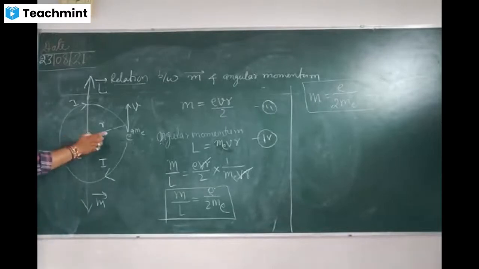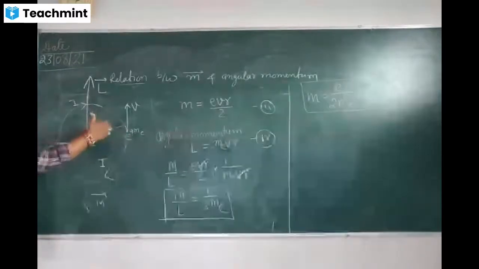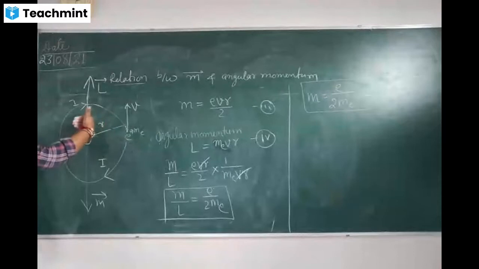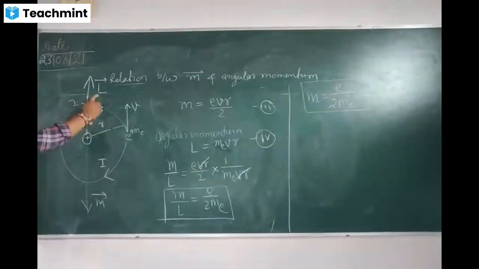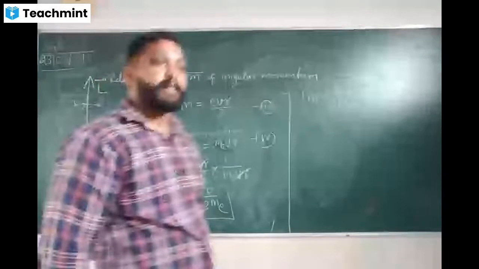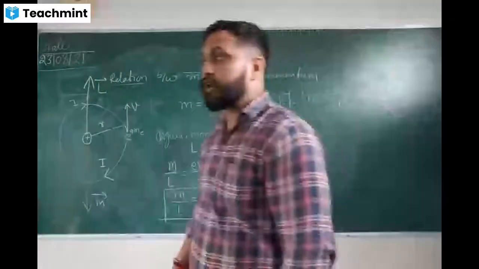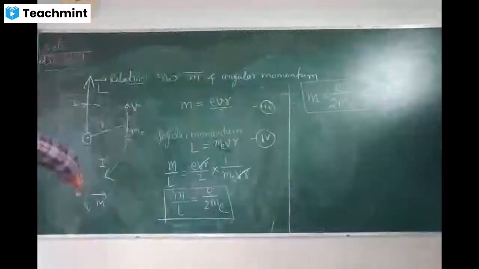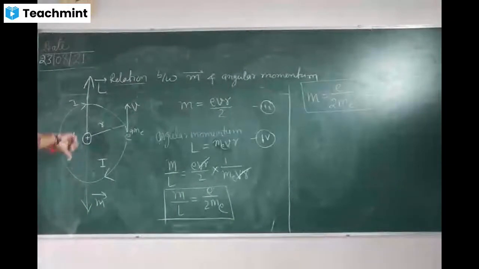For angular momentum, the electron of mass m is moving anti-clockwise, so the thumb shows the direction of angular momentum. But for the magnetic dipole moment, the curved fingers tell you the direction of current, and the thumb tells you the direction of the magnetic moment.